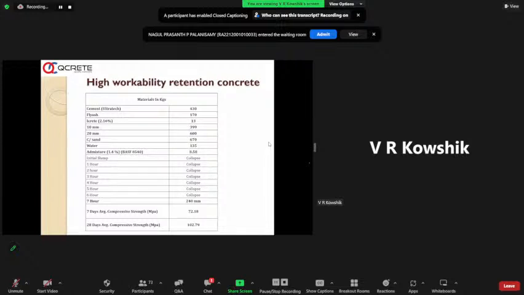Somebody can pour water into the concrete, misuse the concrete, abuse the concrete. But the requirements in the modern day, where high-rise buildings have come up, are different. So we need to move to such admixtures where we have very long slump retention.